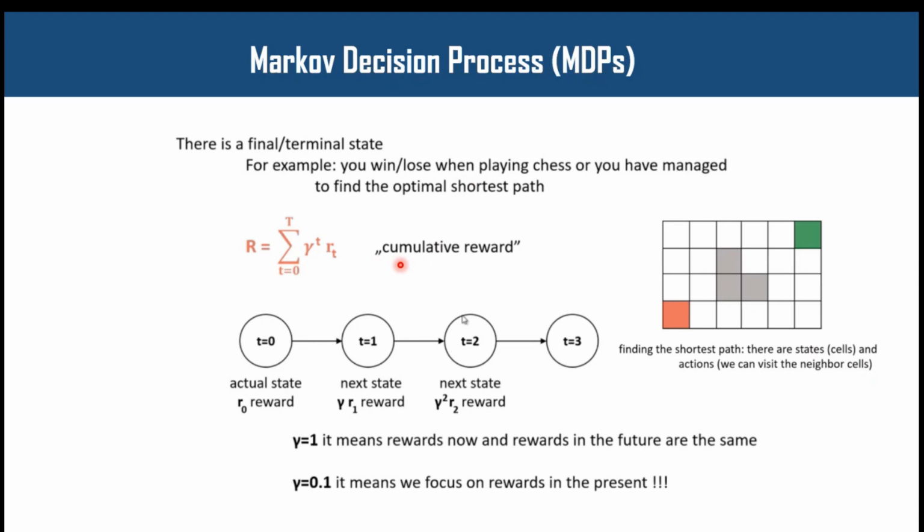And cumulative reward. So let's talk about this reward. The cumulative reward is nothing but R. It depends on the gamma factor or discount factor, and R is the reward when the agent moves from one cell to another cell. The agent will get a reward. The summation of all those things is called the cumulative reward.